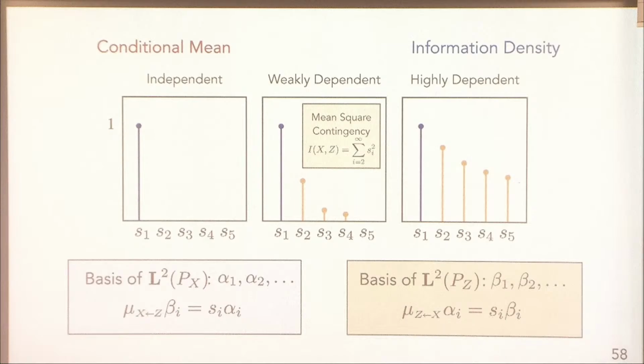And then if you take the L2 norm of the spectrum, then you get a well-known measure of dependence that is called the mean square contingency in information theory and kernel-based methods. Okay, so if it decays very quickly, right, if there is no mass beyond S1, then it means that your pairs just have no connection. There's nothing to learn from all those pairs between images and text. If you have large mass, if it's decaying slowly, then it means that there's something to capture there.